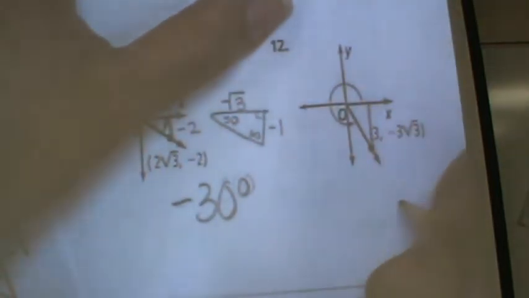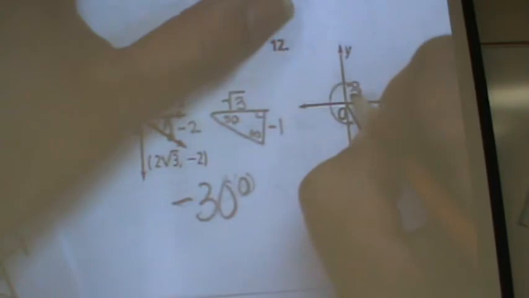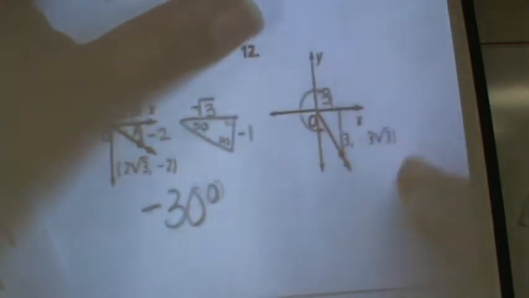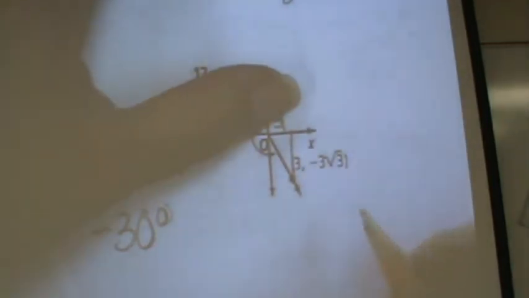Okay, and then this one right here, you're going to draw a triangle here. So this side is 3, and here's your triangle, make it bigger. This side is 3, and this is negative 3 root 3.